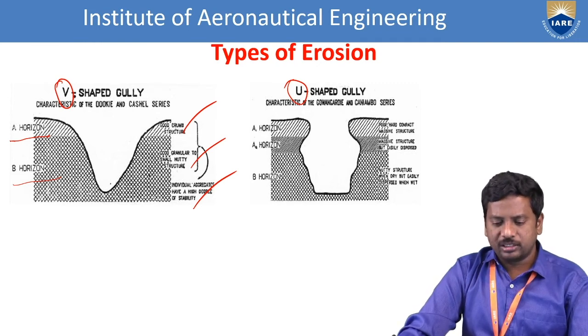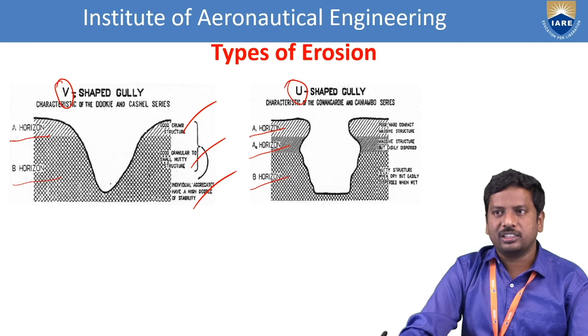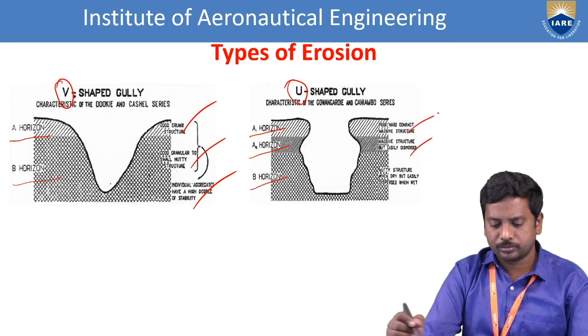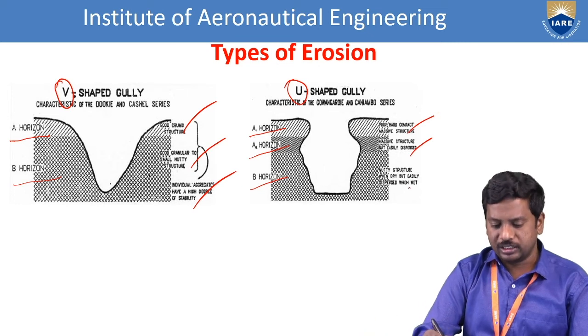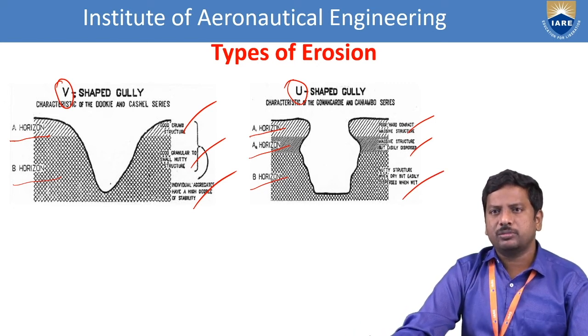What are the characteristics of this series? There are mainly three types of horizon: A1 horizon, A2 horizon, and B horizon. After that we see a poor, hard, compact structure, and a massive structure, muddy when dry but easily dispersed in wet conditions. That means out of the two, the V-shaped gully is better than the U-shaped gully.